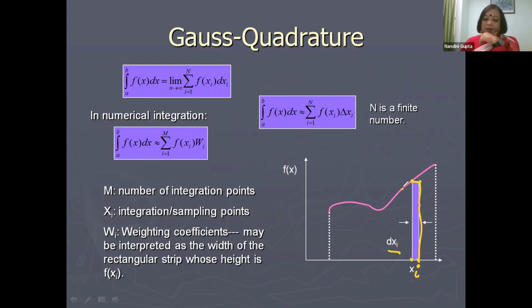And I can keep doing this for all i's possible. So I do it for many i's and I sum over all the i's.